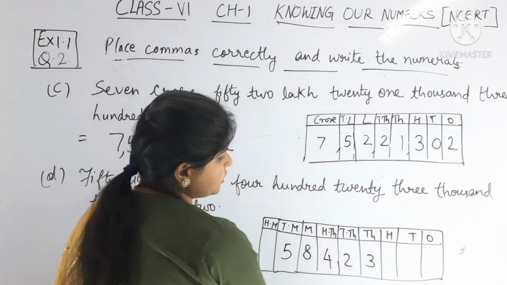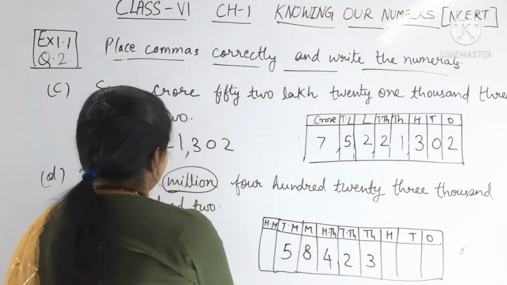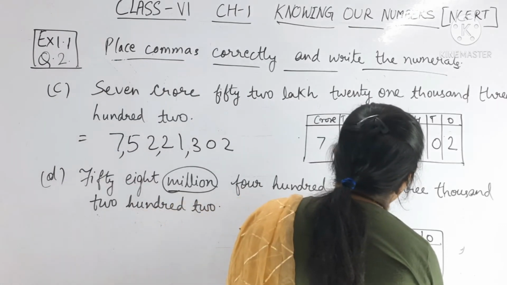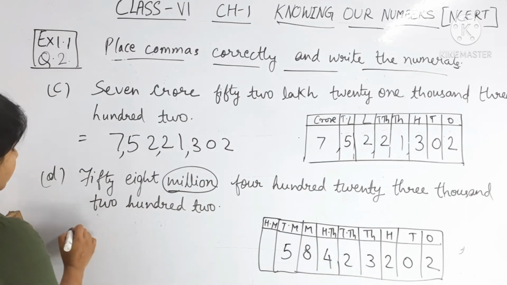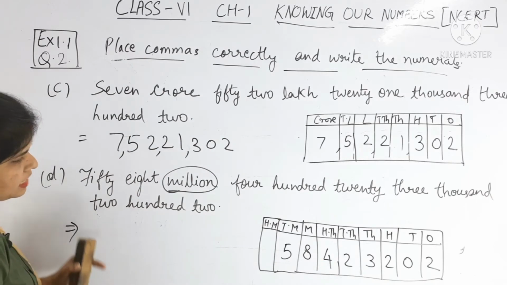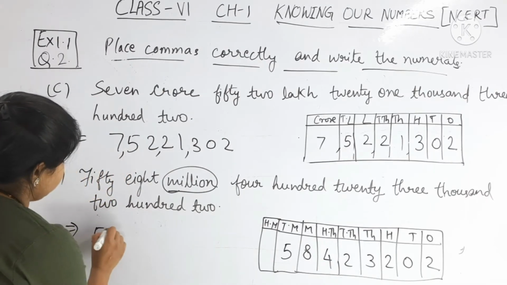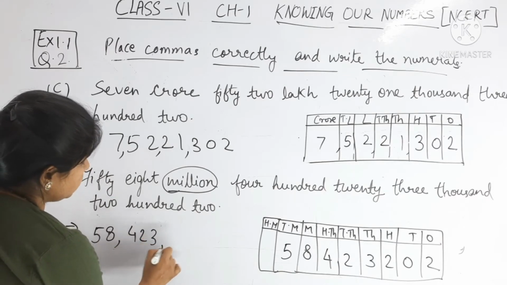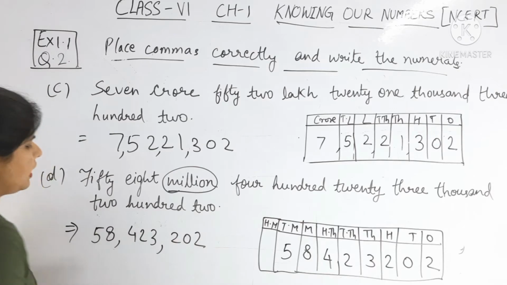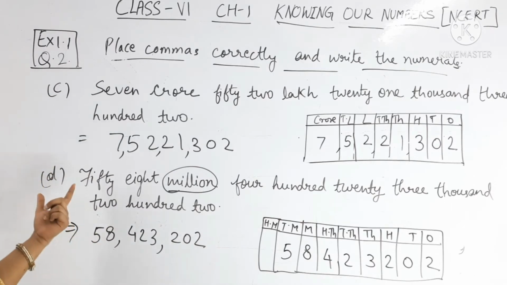This is in the 1000 family. Then 202. Like this you can write in a very simple way in the international system. Okay. So 58 million 423,202. Like this you can write the numerals by putting commas in the D part.